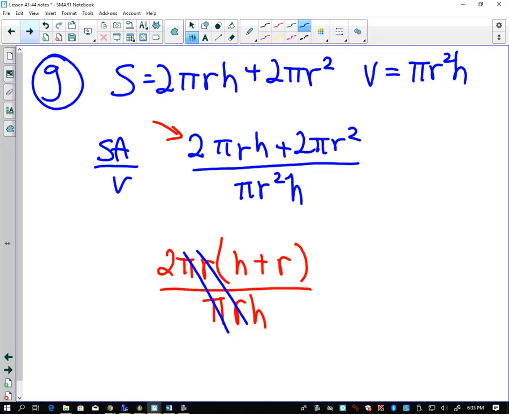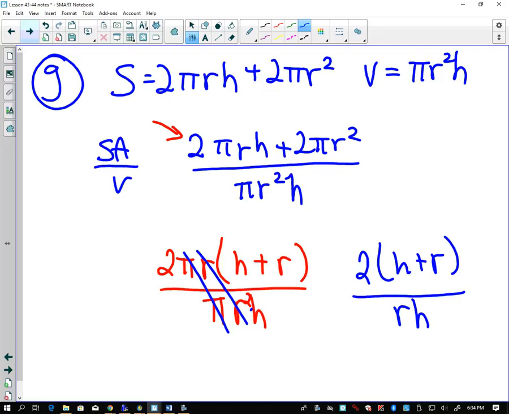And this is an r squared here, so it's only factoring out 1r. So what I'm left with is 2h plus r over, I have 1r left and an h left. Okay, so that's what I'm left with.